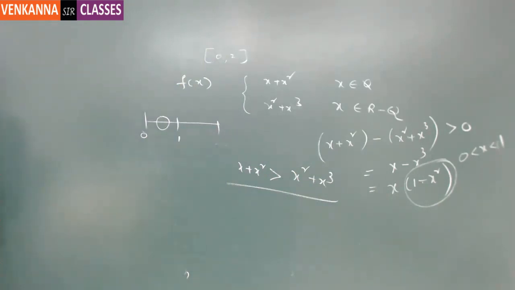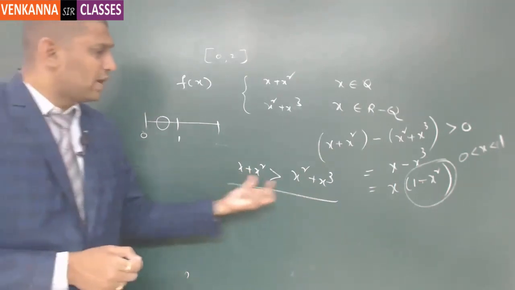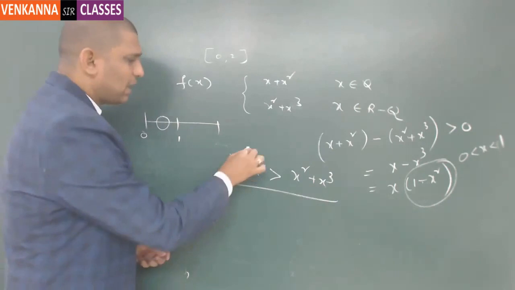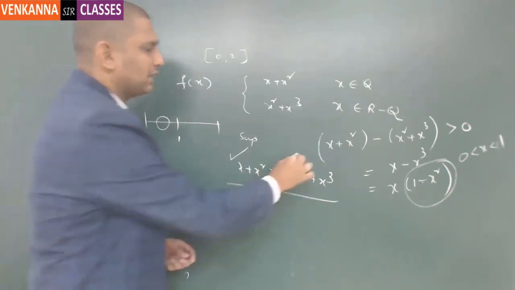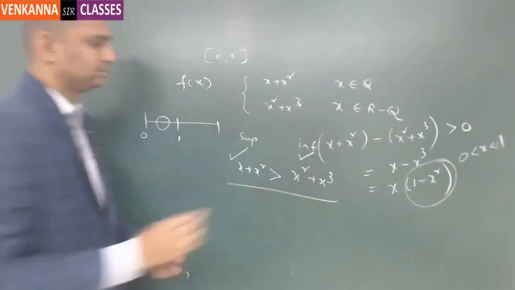Agreed, all of you. So this is the big one and this is the small one. So this part gives the supremum and this part gives the infimum.